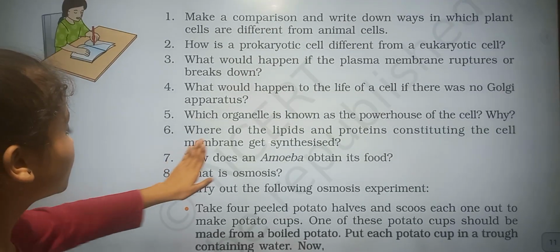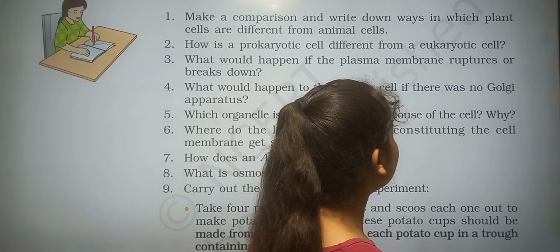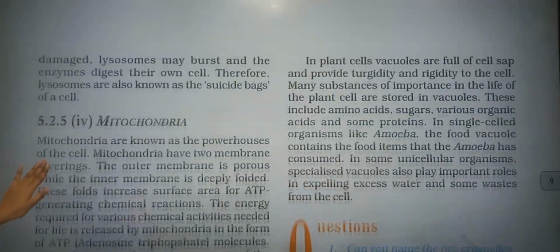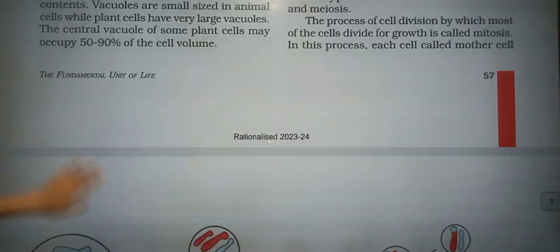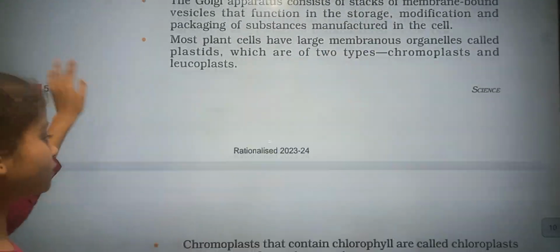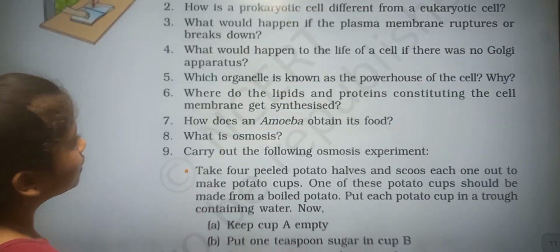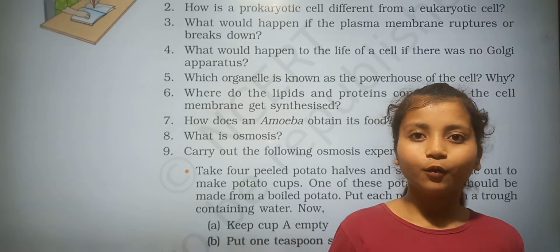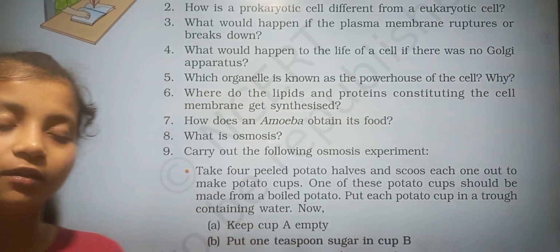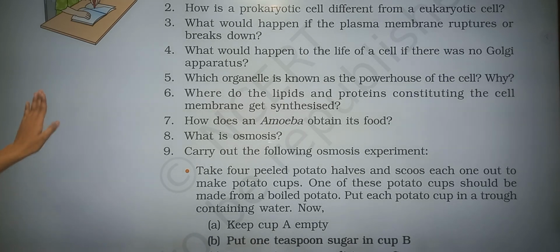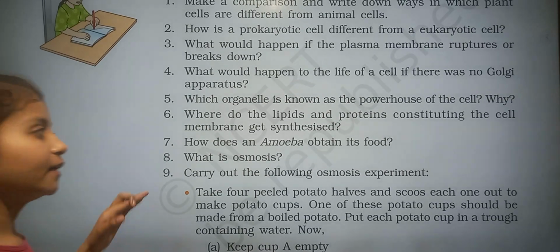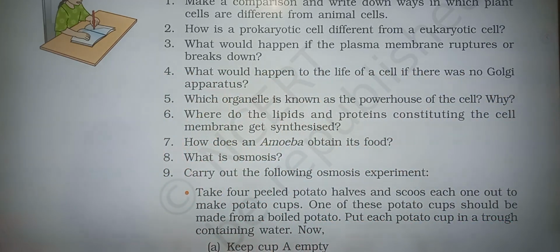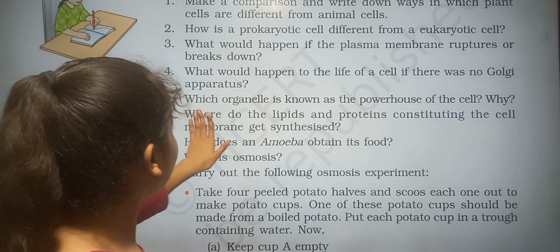Now, which organelle is known as the powerhouse of the cell and why? We have already read that the mitochondria is called the powerhouse of the cell because it contains its own DNA, RNA, and ribosomes, and it helps in the production of ATP, which is most important for any living thing.